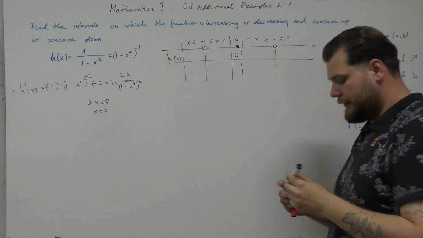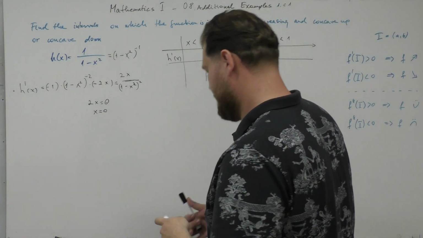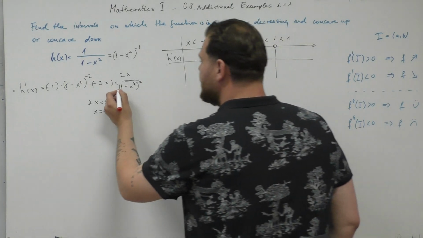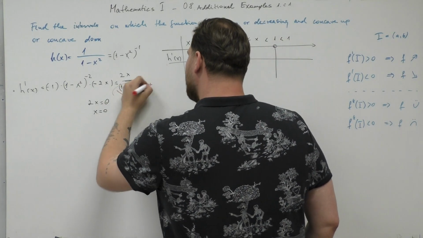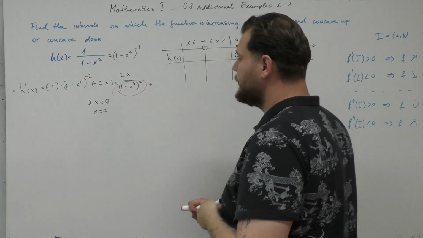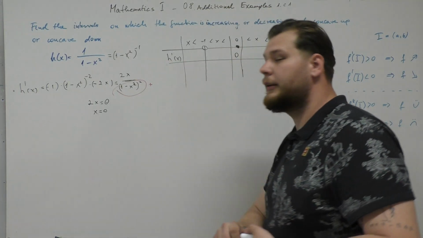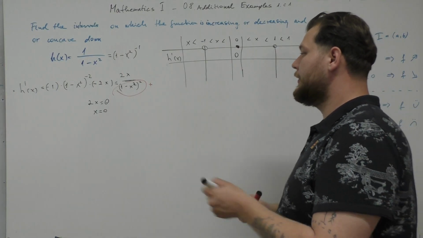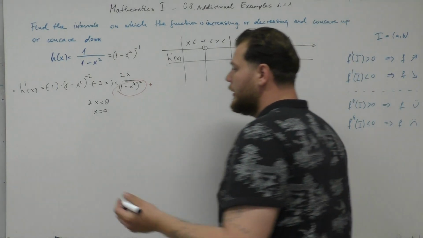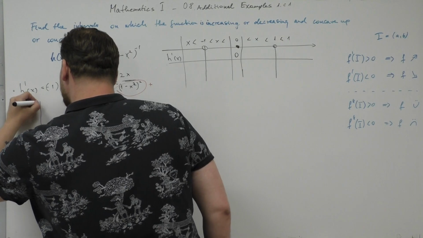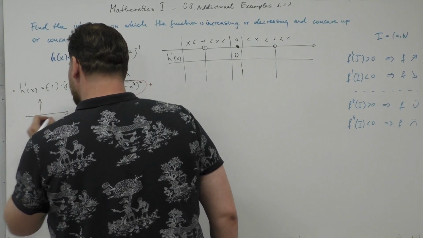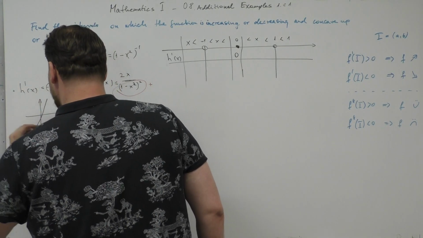For that, since the denominator is positive, we only have to consider this function, which is a linear function, and its graph is a line. It should look like this.